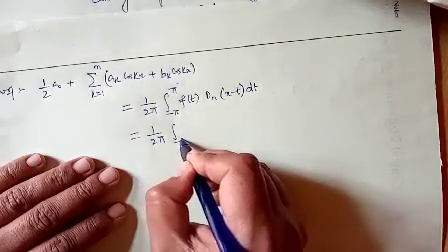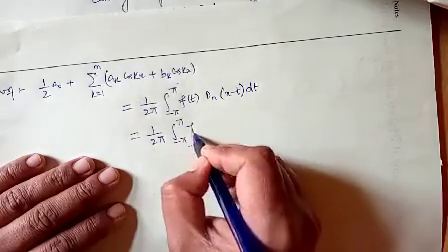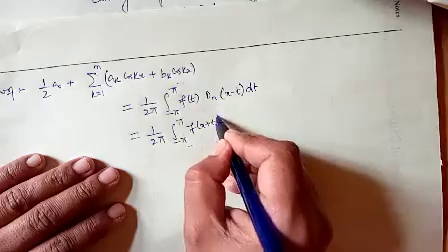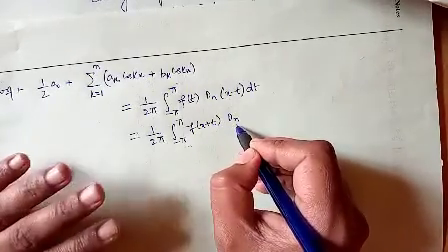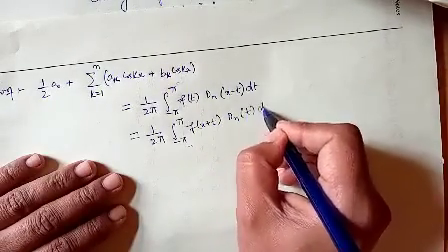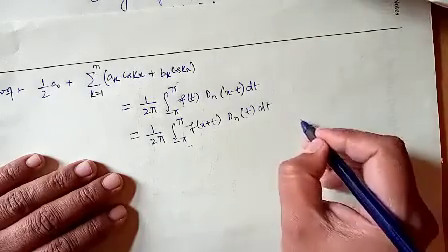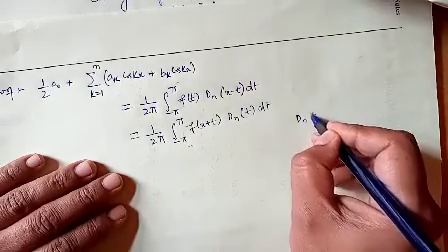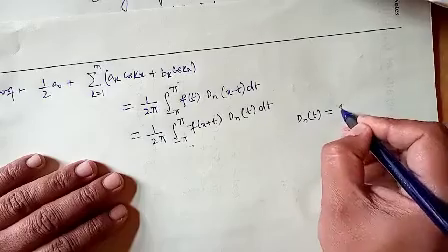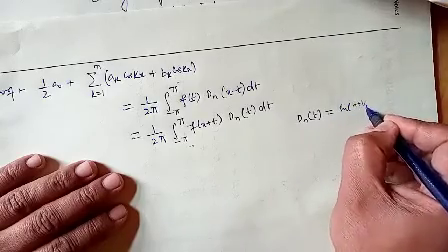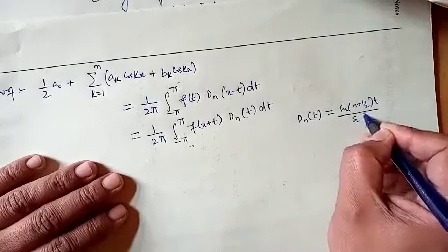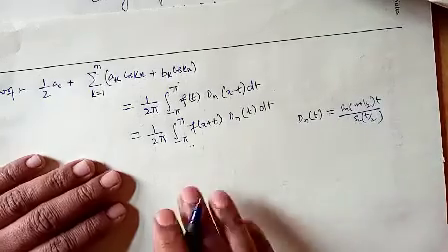Again, we have done this earlier, the integral from minus pi to pi of f(x plus t) D_n(t) dt. And we also evaluated that D_n(t) is equal to sine of (n plus 1/2)t divided by sine of t by 2. And this we have done.